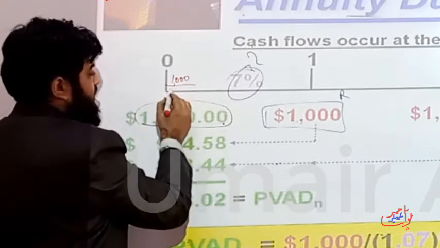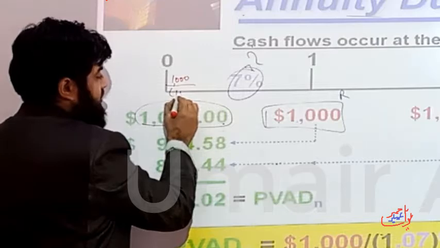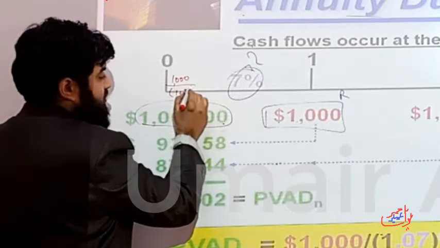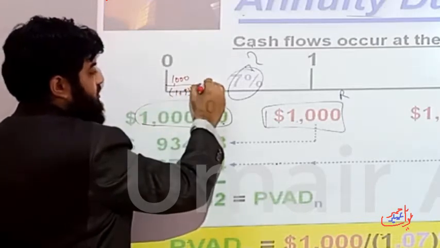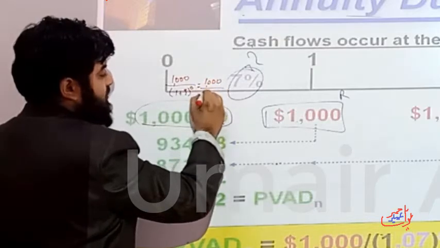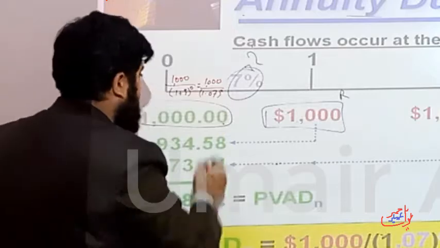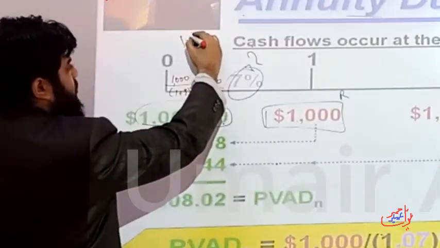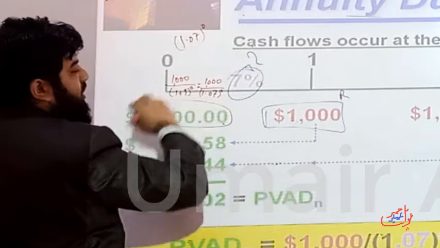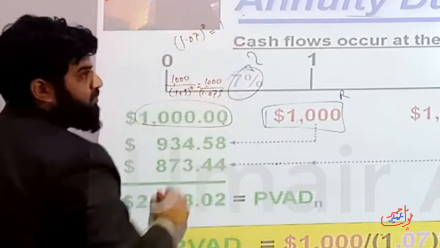1000 divided by 1 plus the interest rate over 0. So 1000 divided by 1.07 to the power of 0. And I told you that if 1.07 has the power of 0, it will be equal to 1.